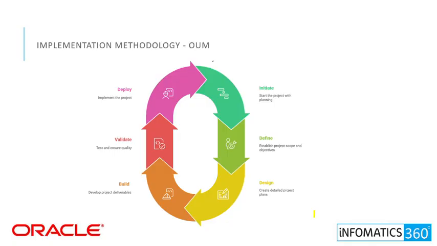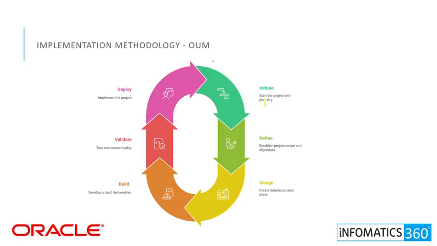Implementation methodology. Let's look at the 6 main phases we follow in every Oracle implementation project. The first is initiate, next is define, then design, then build, then validate, then deploy. Let's start with initiate.